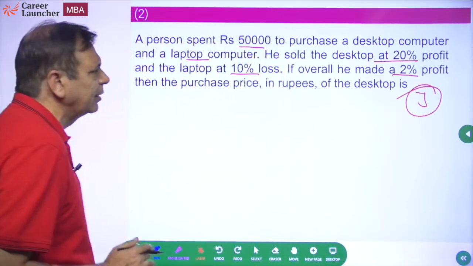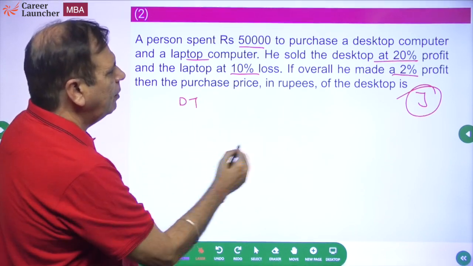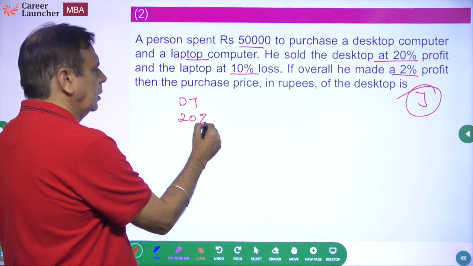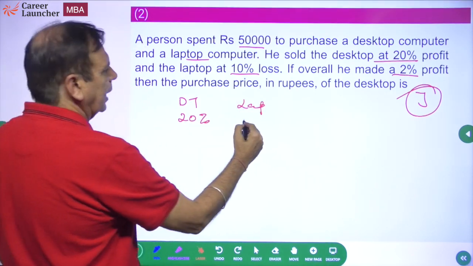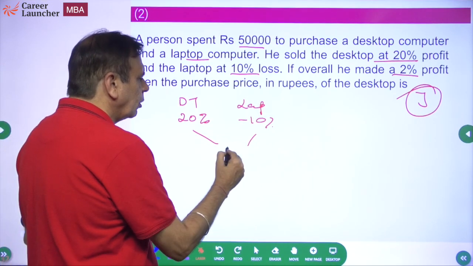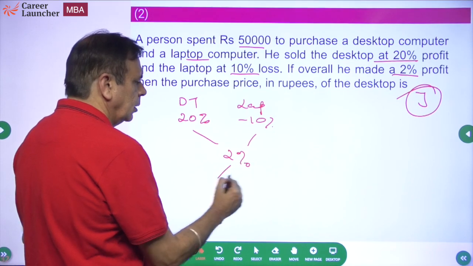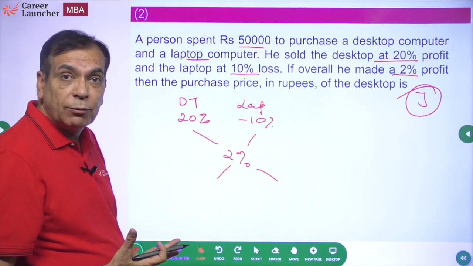What are you doing effectively out here? You are mixing a desktop on which you have 20% profit with a laptop on which you have a 10% loss. This is what you are mixing. Overall, you have a case of 2% profit. So what should be the ratio of the quantity on which the percentage profit or loss is calculated?